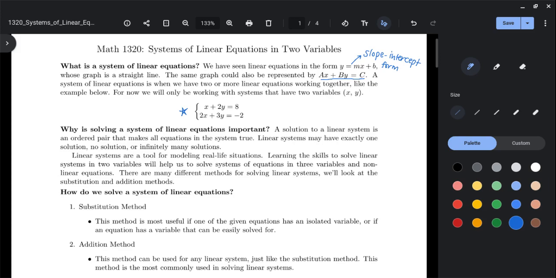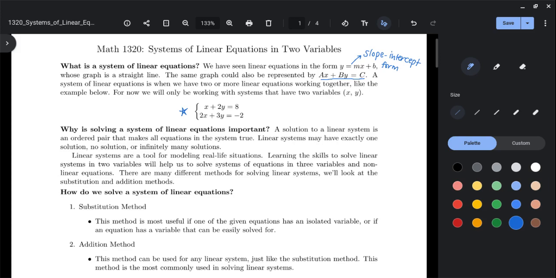Learning the skills to solve these systems in two variables is going to help us later on, where in later videos, we're going to be looking at nonlinear systems and linear systems with 3 variables. So this will be very helpful in moving forward in the class. And like I said, we're working in 2 variables, so we're only going to be working with systems that have the variables x and y.